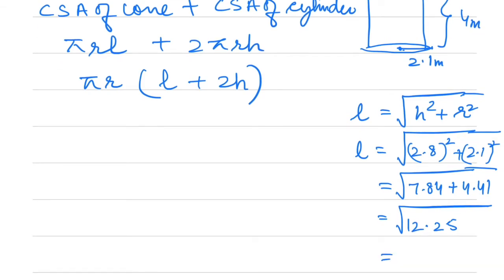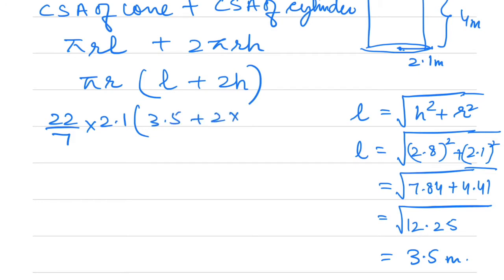So this L is equal to 3.5 meter. Okay, now let's substitute L here. So 22 by 7, radius we have as 2.1, and L is 3.5 plus 2 into 4, height of the cylinder.